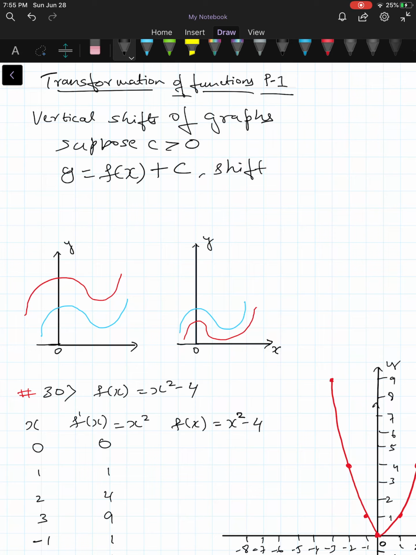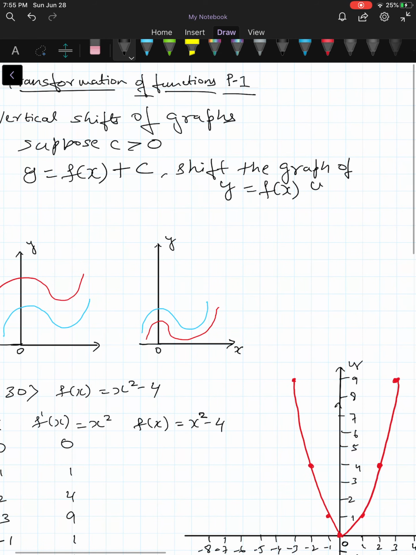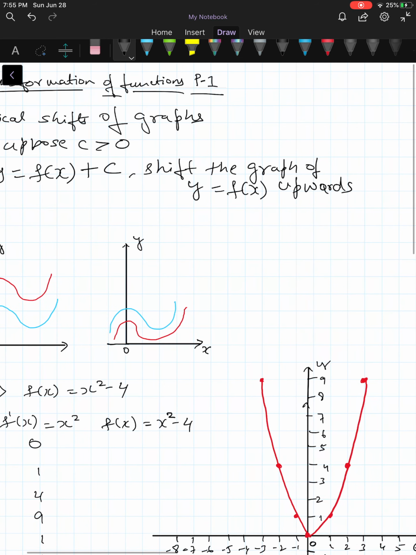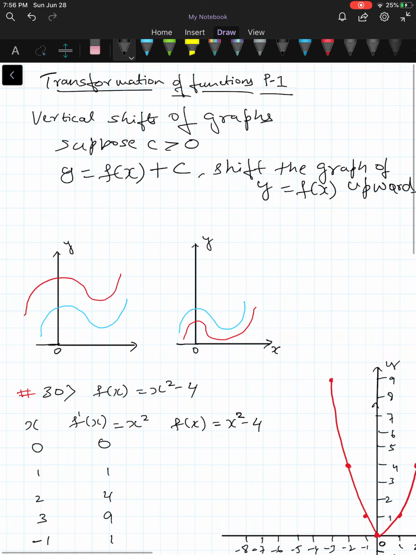So this shifts the graph of y is equal to f of x upwards c units.